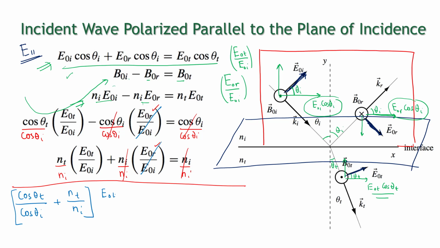So EOT over EOI, that out, and then on the right we have this one is 1, that's 1, so that's 2.